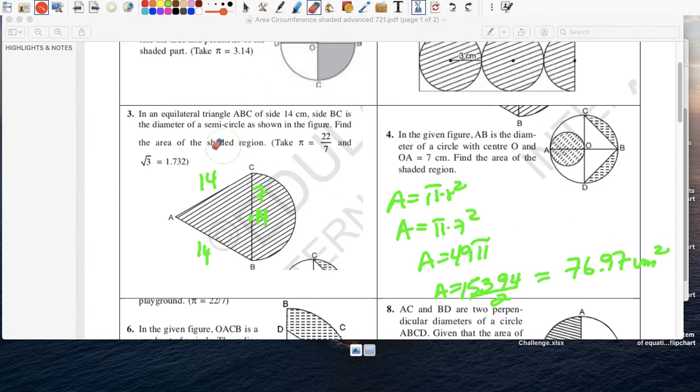Now, the triangle here, imagine if that's 90 degrees, and here again we go to the Pythagorean theorem, which I'm kicking myself for not having done with you guys.